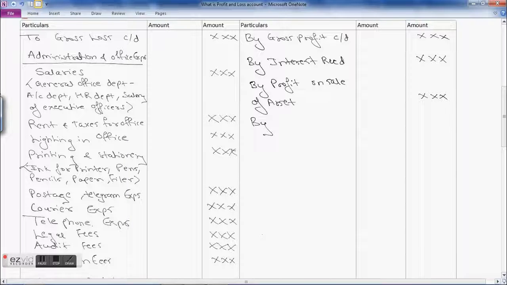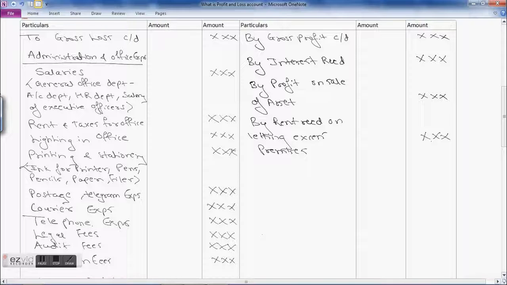That rent may be included here. Now remember, this is not your ordinary business. You are just letting it out because you have some extra space. So this is rent received on letting excess premises, and this is also included on the credit side of the profit and loss account.